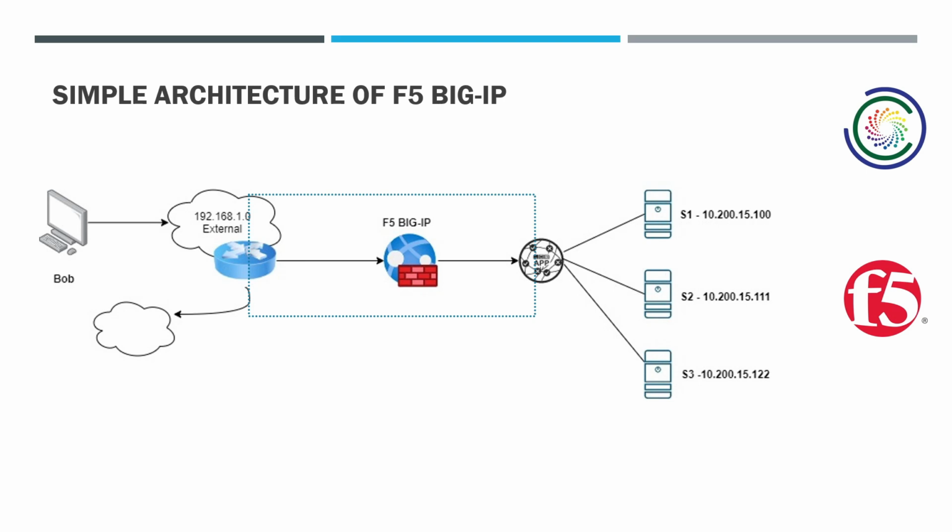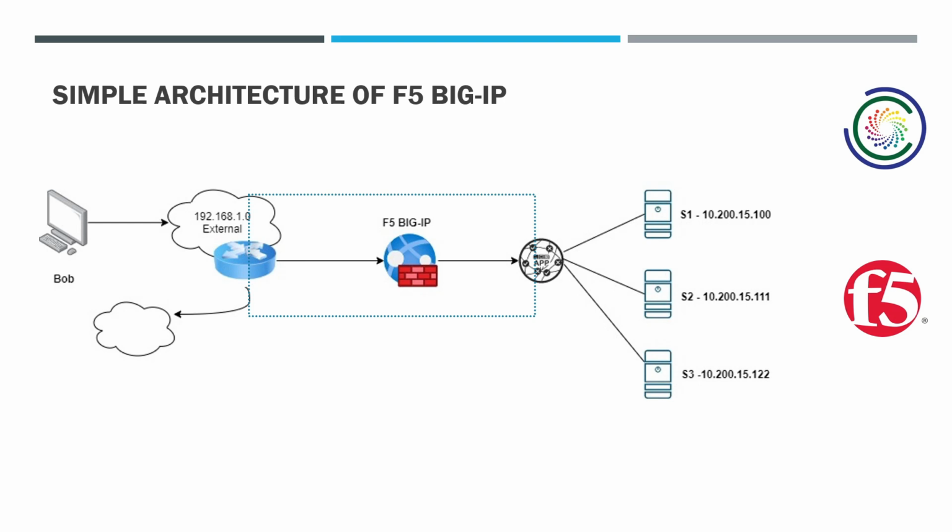Bob is regarded as the client, who is trying to access the resources of S1 from the internet.